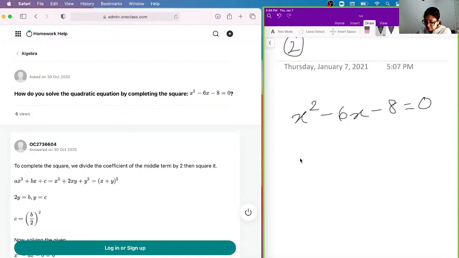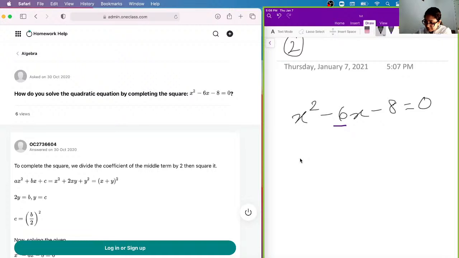And what we want to do is complete the square in this case. To do that, we divide the coefficient of the middle term by 2 and then square it. In this case, our middle term is 6, or negative 6.